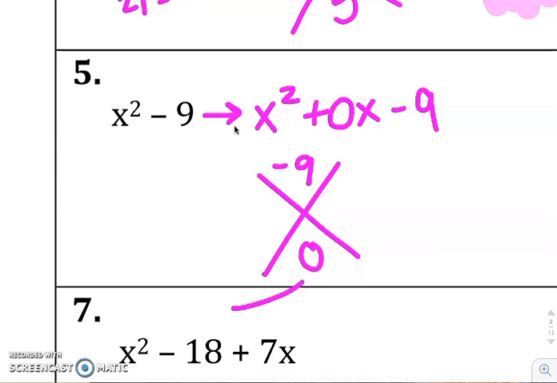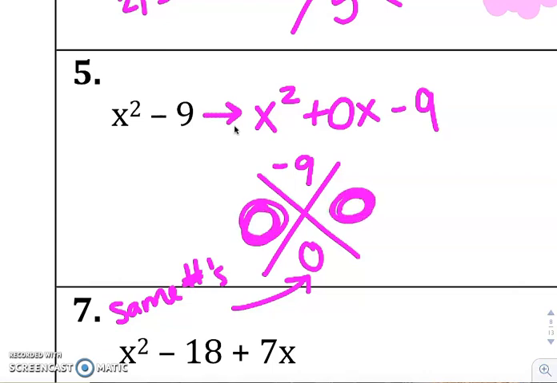So whenever you have a 0, that means you have to use the same numbers here and here, just opposite. Because the only way you're going to add to get 0 is if you've got a 5 plus a negative 5, or a negative 6 plus a positive 6, or negative 37 plus positive 37.